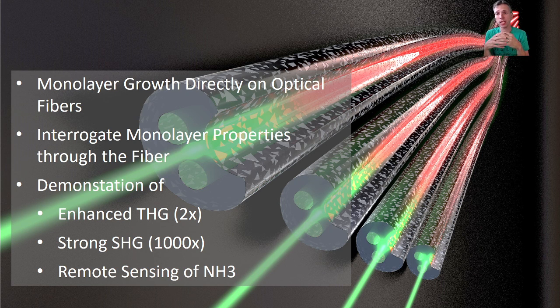I've shown you that we can interrogate these monolayer properties through optical fibers by demonstrating enhanced third harmonic generation, really strong second harmonic generation, and remote sensing of NH3. And I'm quite confident that there are going to be many more experiments to follow in these hybrid fiber optical systems. So thank you very much for your attention, and I'm happy to take questions.